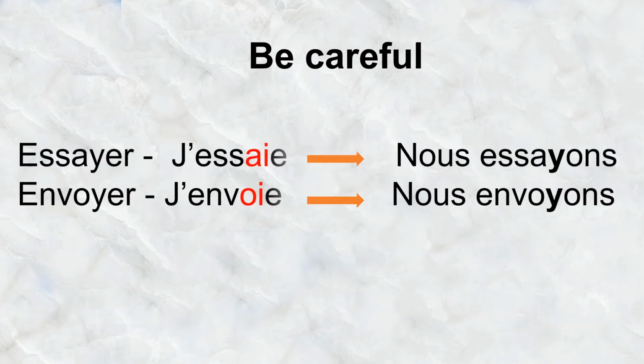We have the same situation with verbs ending with YER. First of all, I need to explain to you that a Y in French is the equivalent of two I's. AI, for example, in the verb essayer, which means to try, AI gives you a.